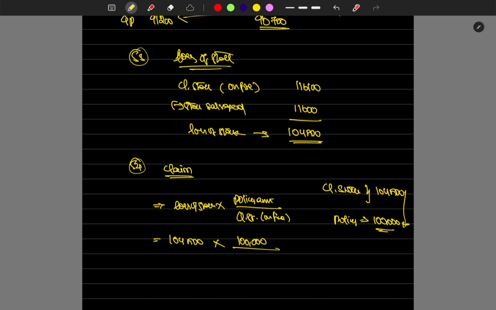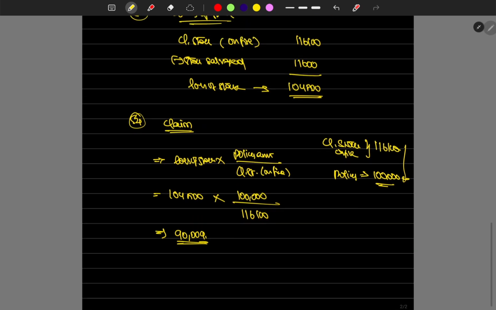So anyway, that is the concept. The thing is similar, but the comparison should be closing stock on the date of fire. That is 1,16,100. That is an under insurance, right? 1 lakh and closing stock on the date of fire is 1,16,100. Compare this. So the claim amount is 90,009 rupees.